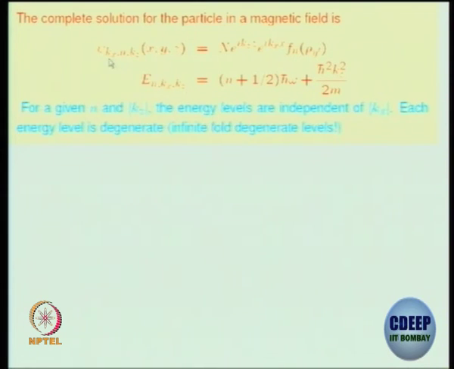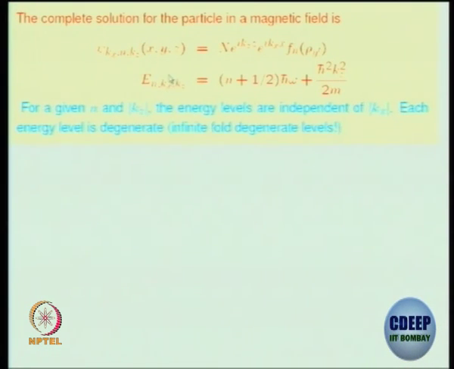The quantum numbers are not only n, you also have a kx and a kz, and the corresponding energy is that of the nth excited state in the y coordinate, but it can have a kx which is contributing to the energy in the x coordinate in general, and kz.